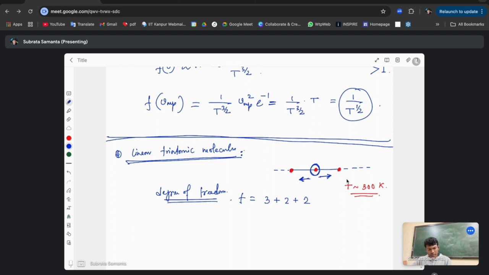Why do I consider two for the vibrational degree of freedom for each mode? So only one mode, right? This atom vibrates, but I put two for this atom. Why?